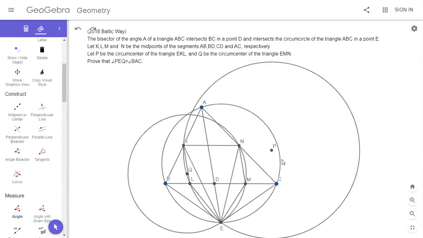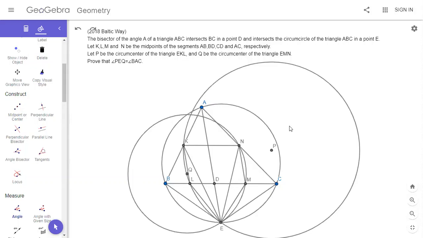Are those triangles similar? I don't think so. Actually, let me check. I'm not 100% sure. So BE and EC.